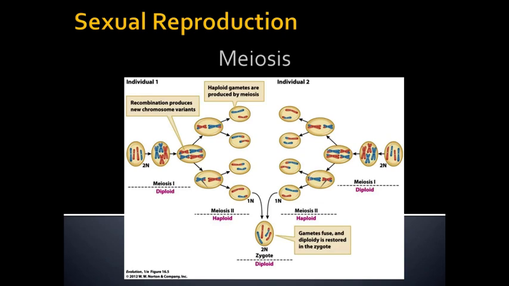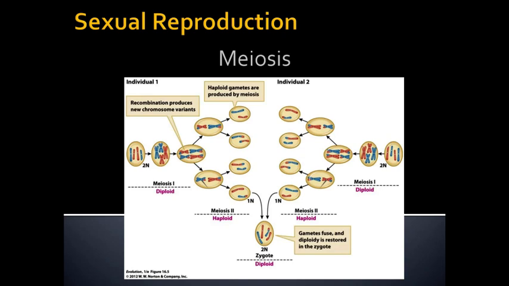So the first is random assortment. Notice here during metaphase 1 that we have mom's chromosomes and dad's chromosomes can line up on either side like flipping a coin. So that creates many different possible combinations just by random assortment. And then also, as pictured here with the blue and red coloring in these chromosomes, there can be crossing over. That's another form of recombination, and so you can end up with myriads.